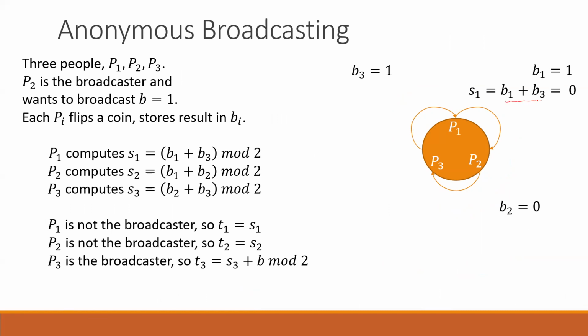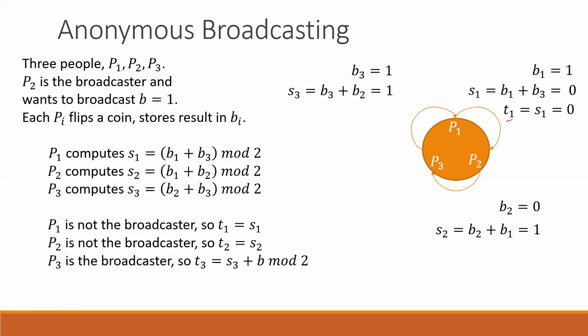They compute B1 plus B3, which is 1 plus 1 mod 2, equal to 0. Person 2 computes S2, which is B2 plus B1. B2 is 0, B1 is 1, so that's equal to 1. And then S3 is equal to B3 plus B2. B3 is 1, B2 is 0, so that's equal to 1.